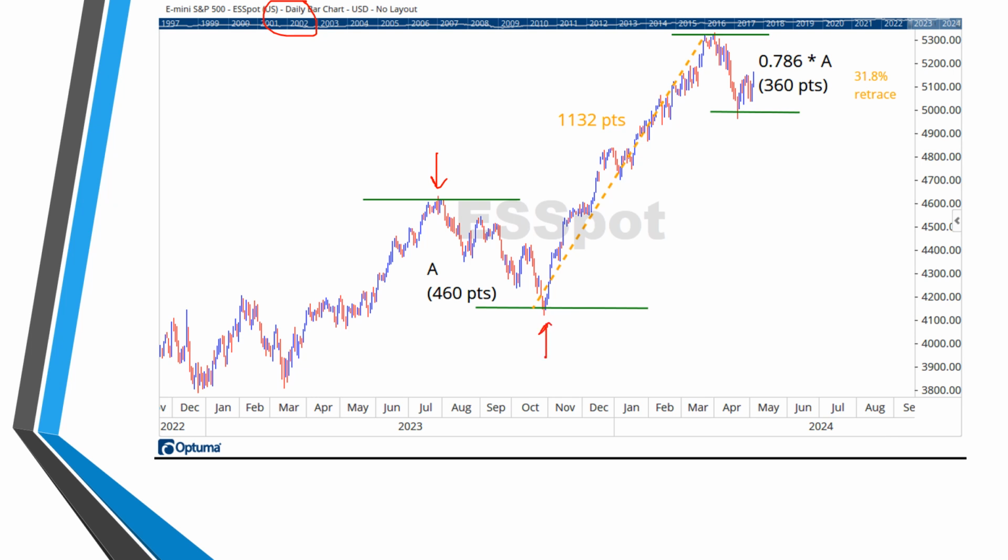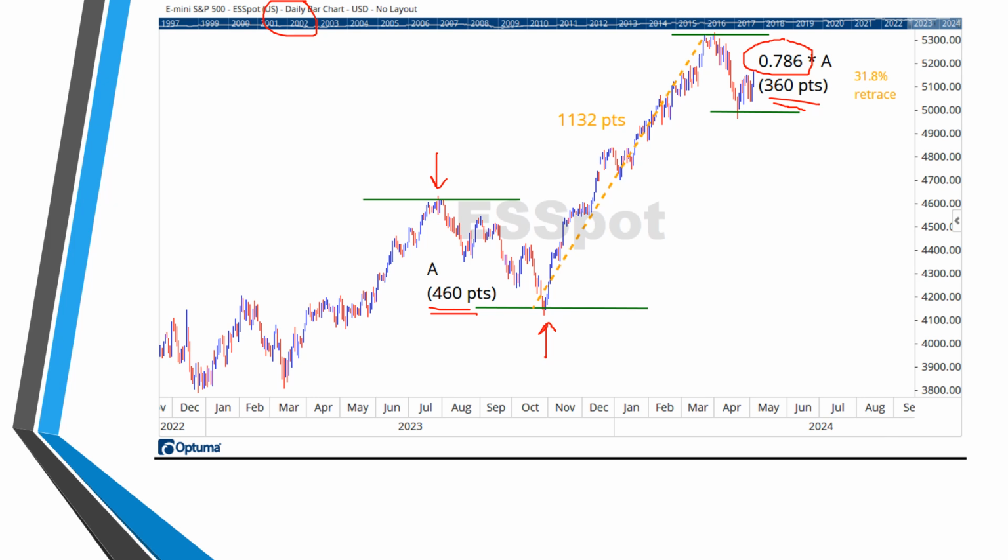Market declined into October of 2023, and then it took off. Now that decline was, by my count, around 460 points. The recent decline that we have seen is in the neighborhood of 360 points. So 360 as a fraction of 460. There's your Fibonacci 78.6% retracement.